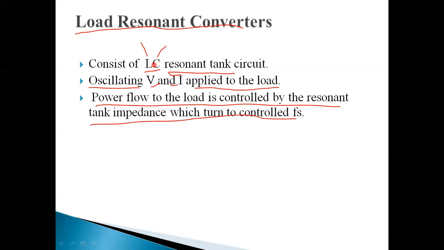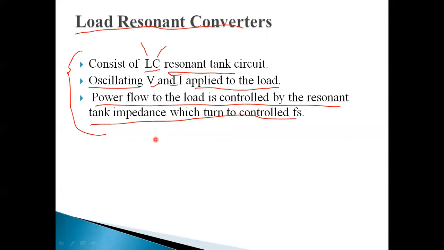It means we have an LC resonant tank circuit, a sub-circuit which includes the inductor and capacitor, and then the oscillating voltage and current is applied to the load. Because of harmonic content or other effects, we also provide a filtering element, so the oscillating voltage and current will be nullified.